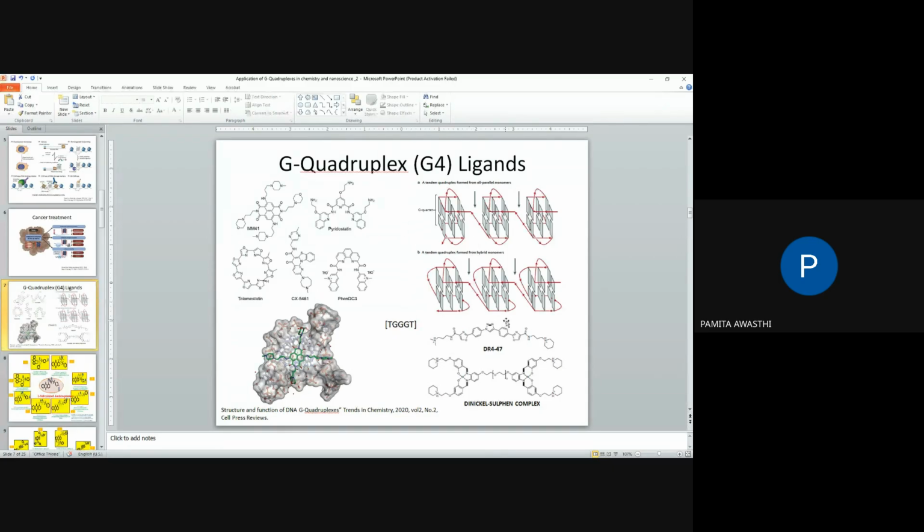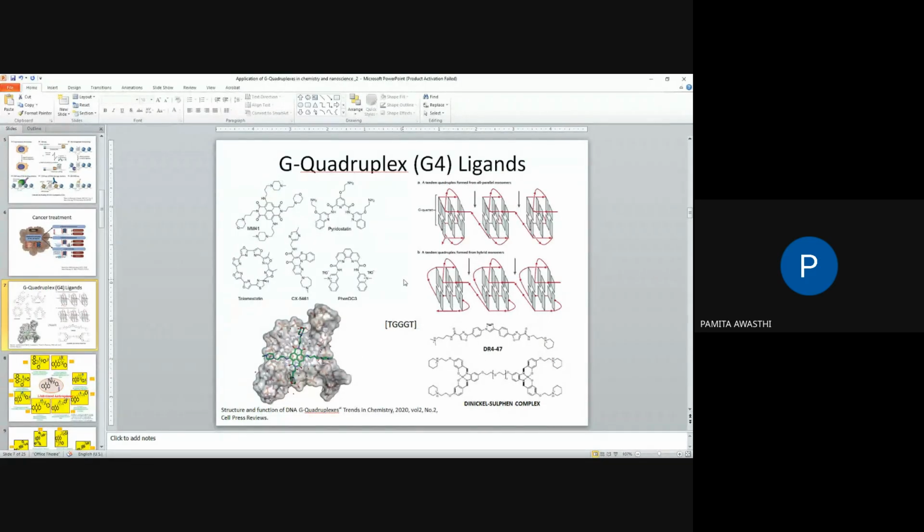So the site which has been confirmed by the NMR and X-ray diffraction study is the stacking between the two sets of tetrads. It does not go here in between. It goes between the two sets of these tetrads, and having an interaction between these loops, or you can say these flanking nucleosides as well as the groove. So this is what has been confirmed by the structural study.